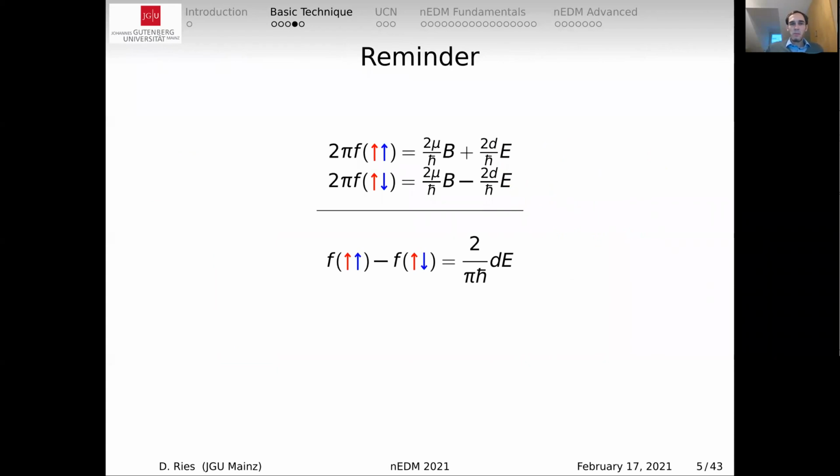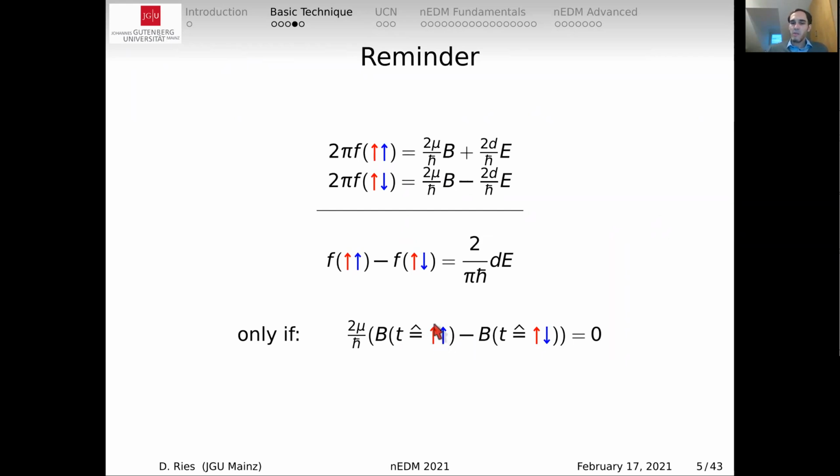Now we want to measure these frequencies, and from these measured frequencies we want to subtract them and then get the electric dipole moment. And if you think about this, there's already one very basic realization we can take away from that, and that is this concept only works if our magnetic field in both cases, so here and here, is exactly identical.